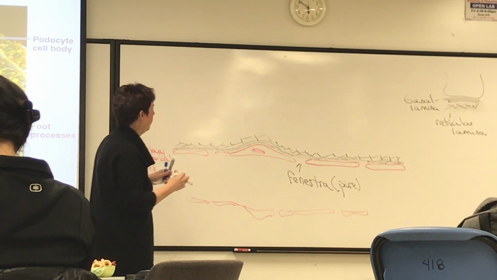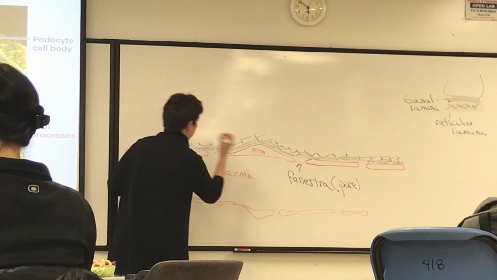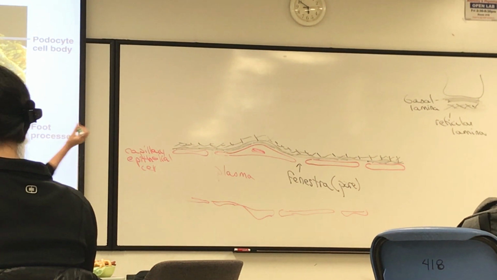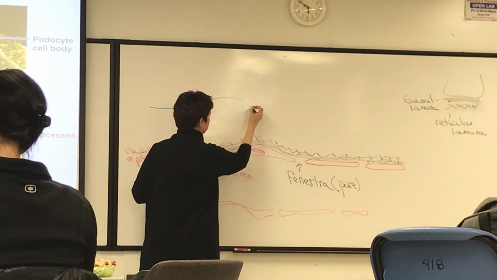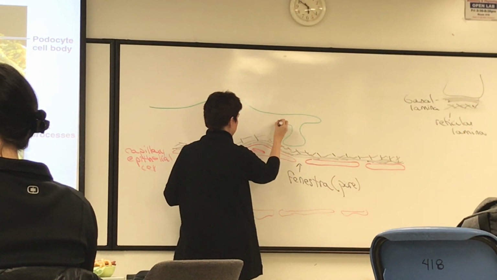Then we have the epithelial cell of the visceral layer, and that's what you see on the screen right now in the scanning electron micrograph. That's also a simple squamous epithelium. And it has these podocytes.